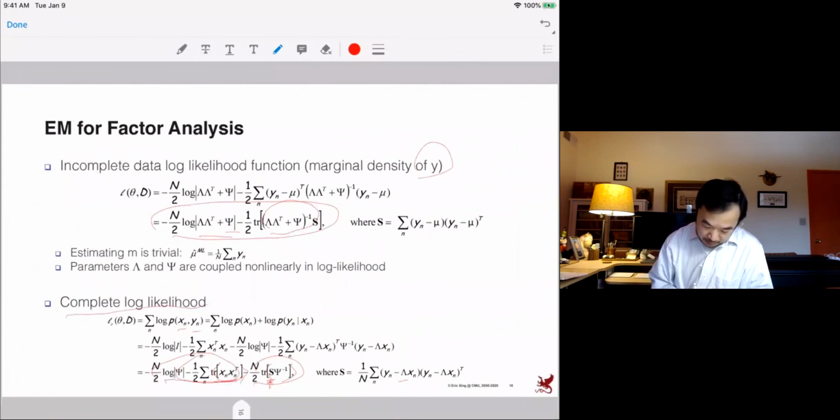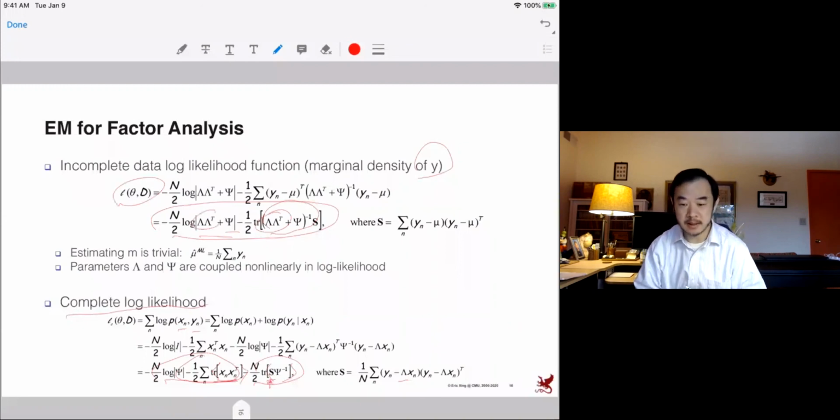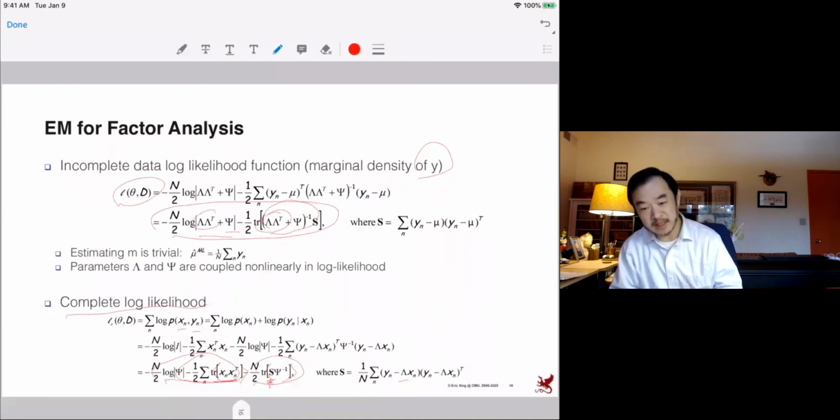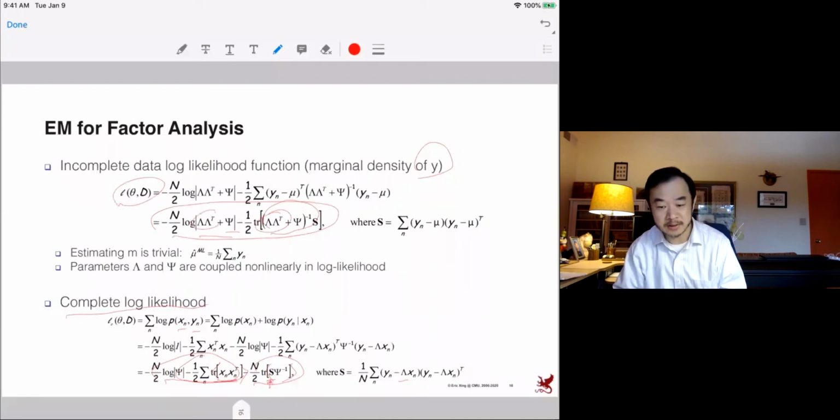Let's look at the complete likelihood function, or maybe this likelihood function here. If you look at where you see occurrences of lambda, don't they always look like this? That's what I mean. Basically, the way lambda influences the ultimate likelihood is through an outer product.